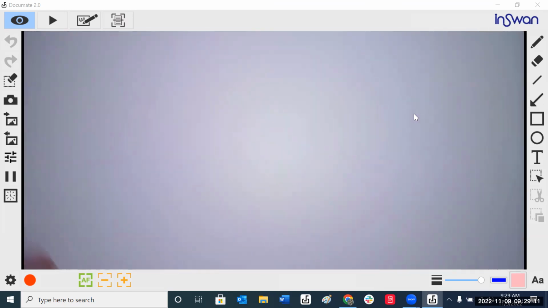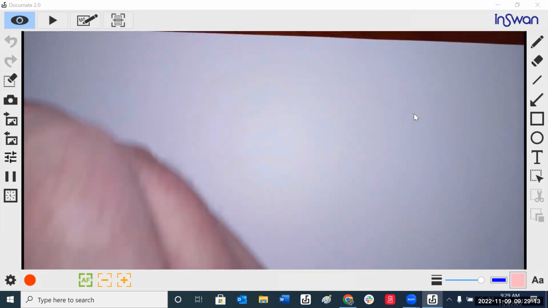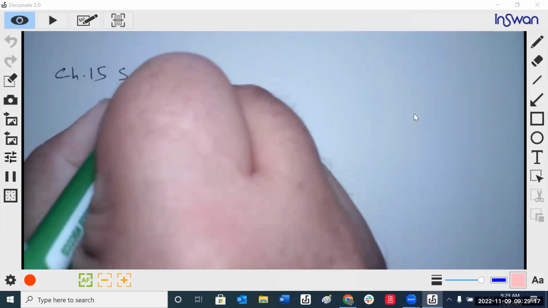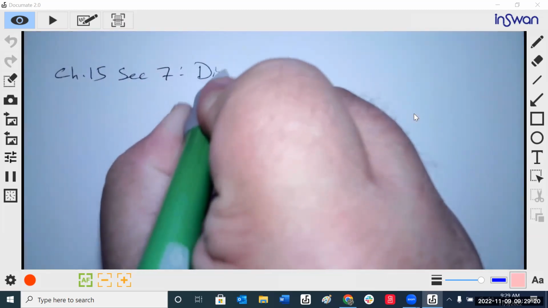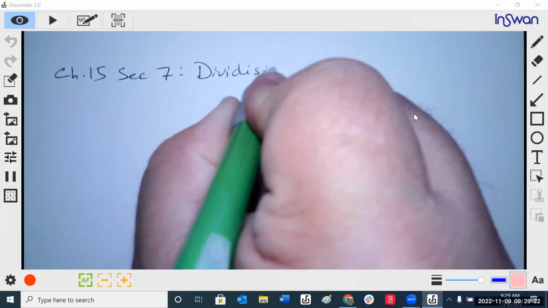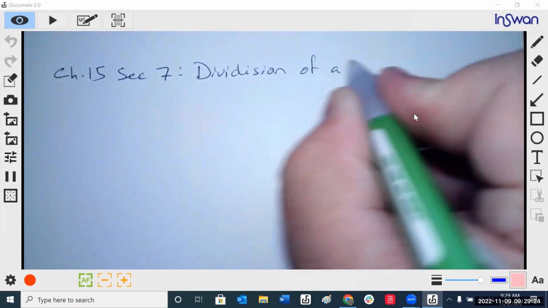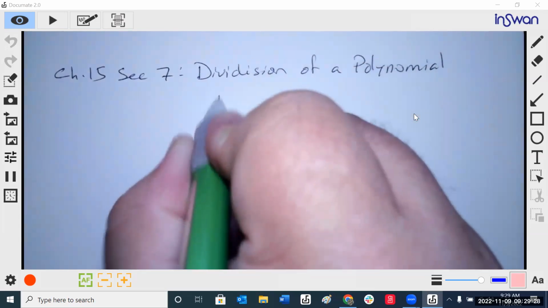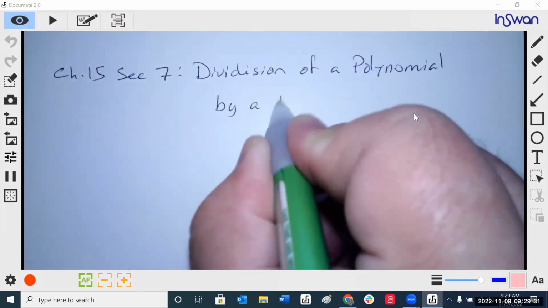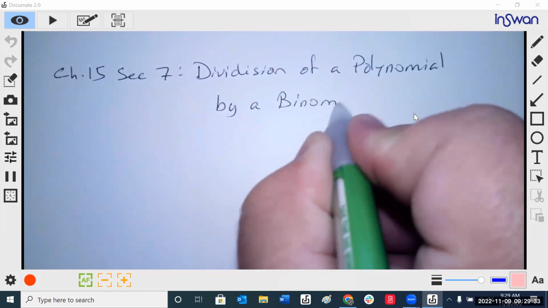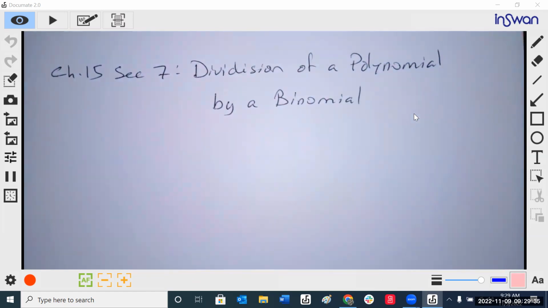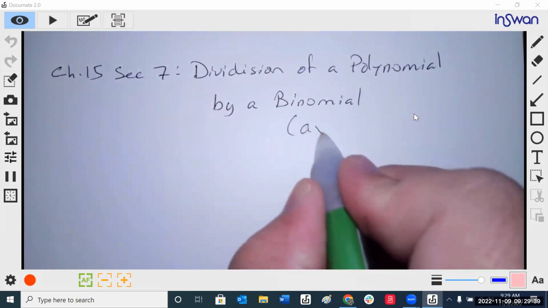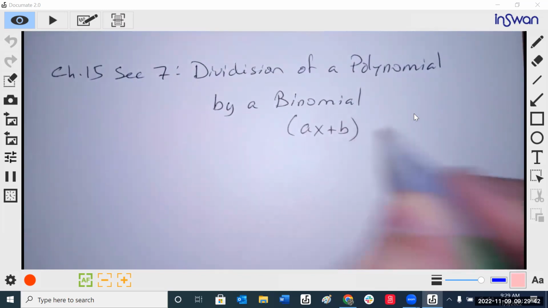Now we're looking at section 7. Chapter 15, section 7. Division of a polynomial by a binomial. A binomial has that form.